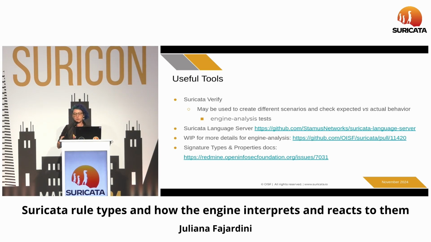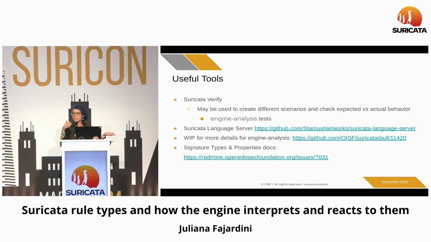Another useful tool that I use a lot, and I used a lot for this presentation, is Suricata Verify tests. You can supply your rules, tell Suricata what you expect to happen, give the traffic, and Suricata will run on it and spit out results, and you check if those match.